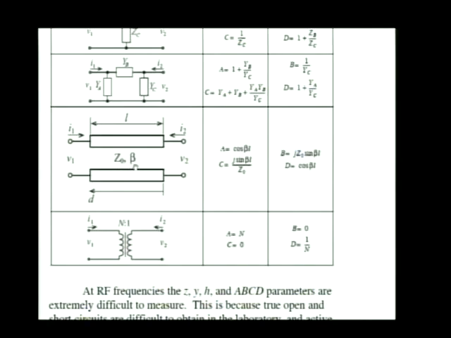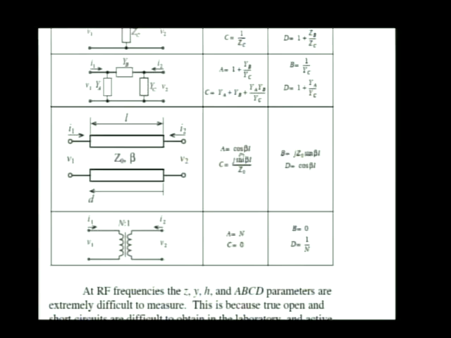These are always specified when you choose a transmission line. These are known quantities. And here's the length of the transmission line, another known quantity. And we would like the ABCD parameters for this finite section of transmission line. Here they are. Here are the ABCD parameters for that length of transmission line.